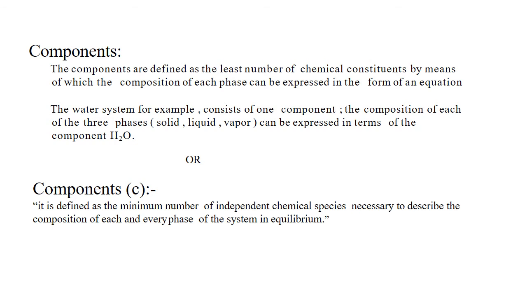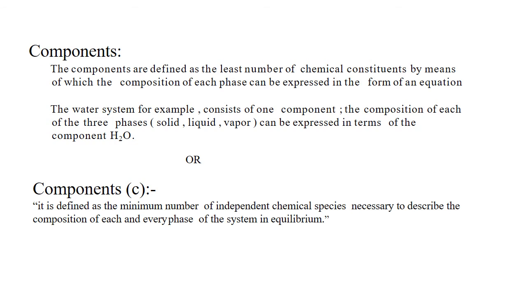The same water exists in the liquid phase as well as in the solid and gaseous phases. So it's a one component system. The composition of each of the three phases can be expressed in terms of the component water. So water, one chemical substance, can exist in more than one phase.